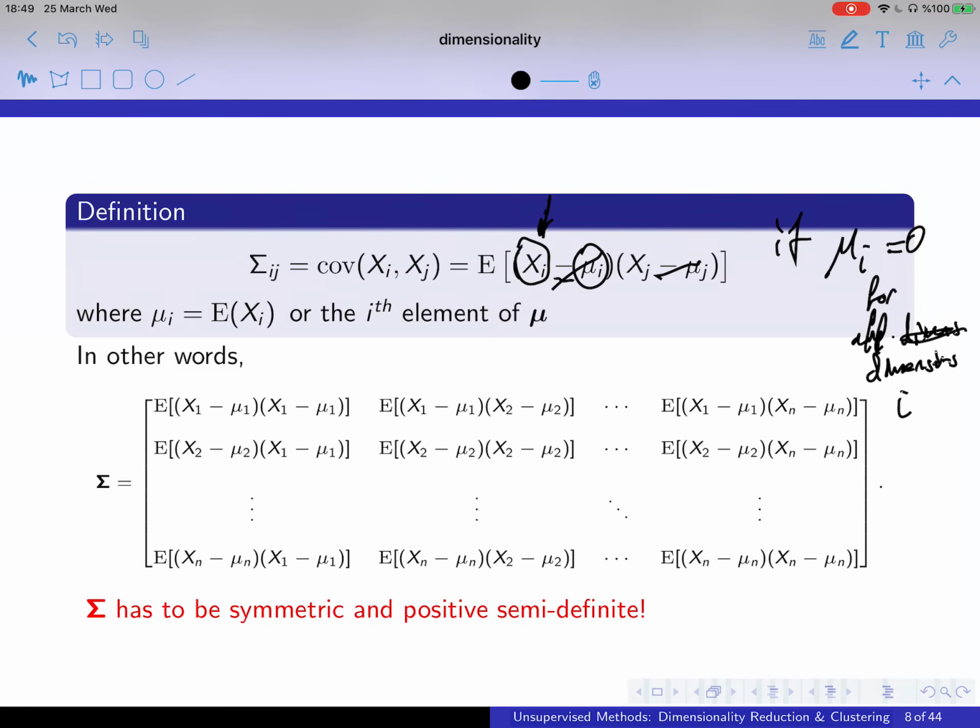Essentially, multiplying X with itself will give you the same thing as taking the expectation of the multiplication of the differences from the means. So that's convenient.